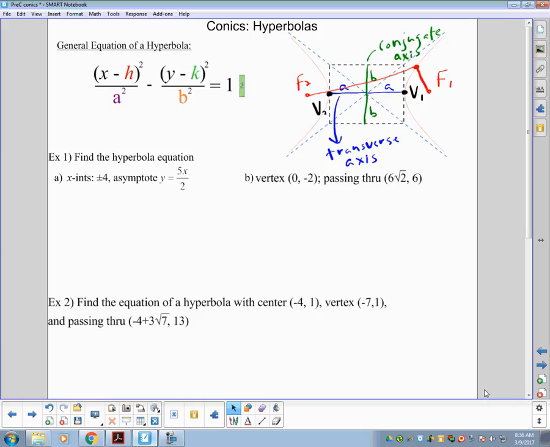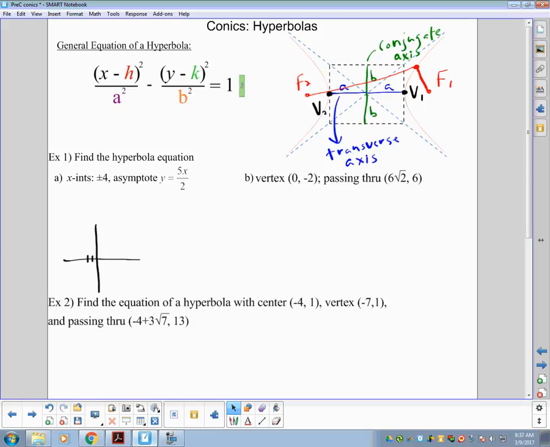Okay. So we're going to find the hyperbola equation. We're given that the x-intercepts are at plus or minus 4. That tells me that it opens left and right. Let's draw a picture. One thing with this here, we're going to need a lot of room up above it.